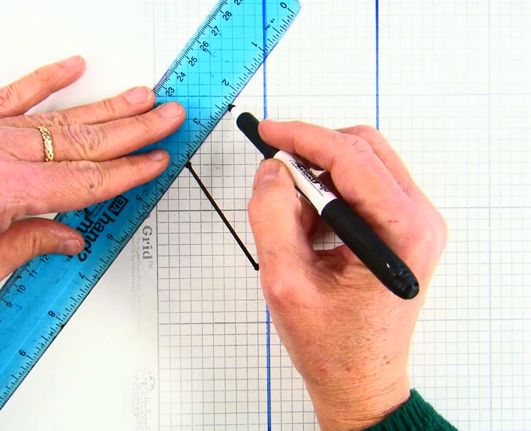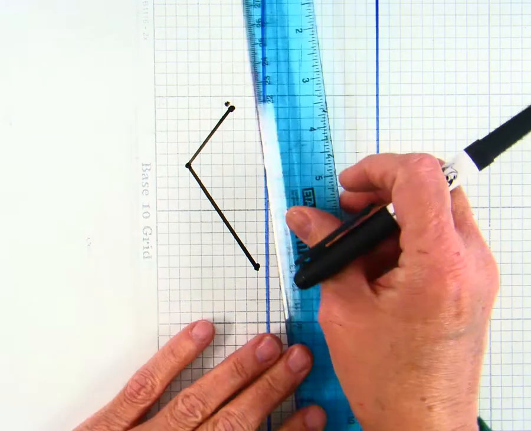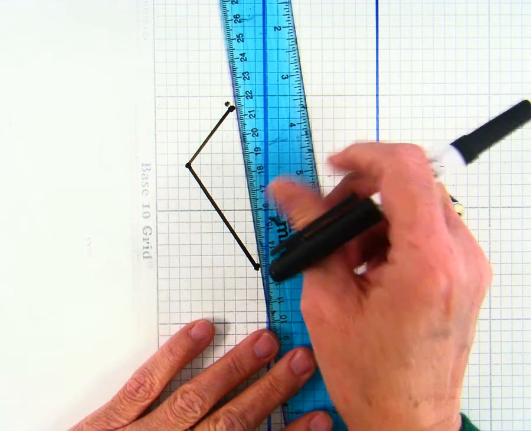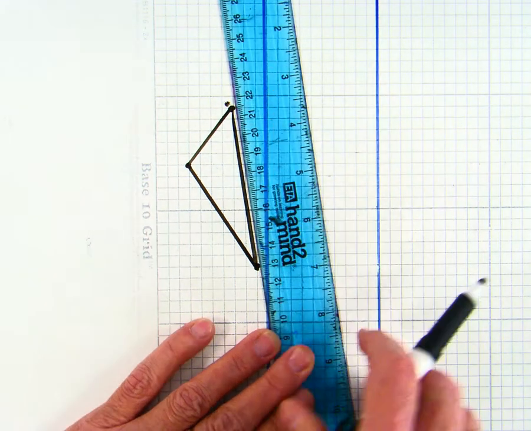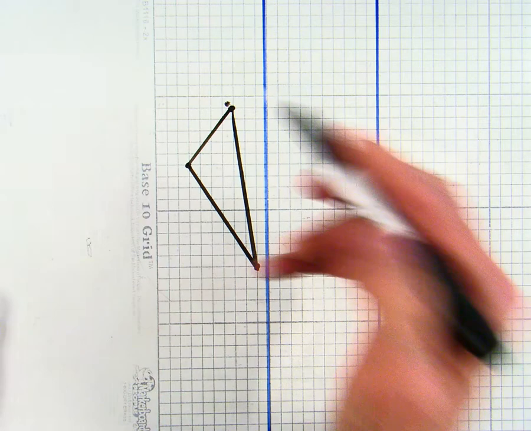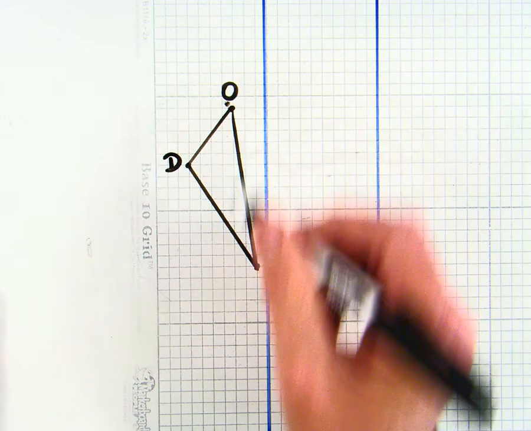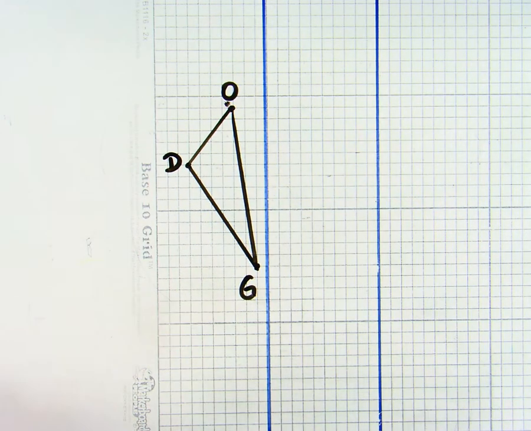We'll name it triangle dog. We'll reflect triangle dog across the first line.